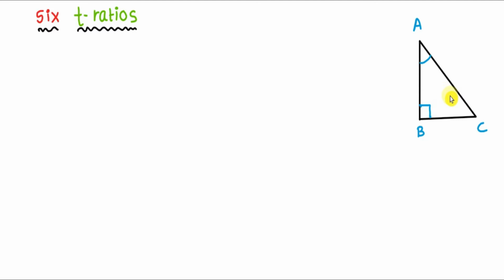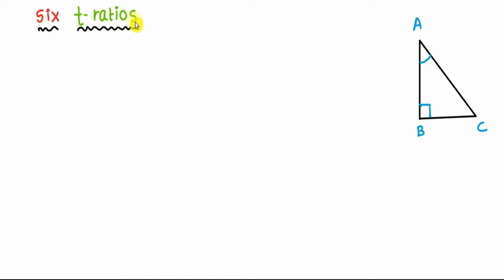In the previous video, we learned how to identify the opposite side, adjacent side and the hypotenuse side in a right angle triangle with respect to the given reference angle. Now that we know that, we can move ahead and learn the 6 trigonometric ratios, which are also known as T ratios.